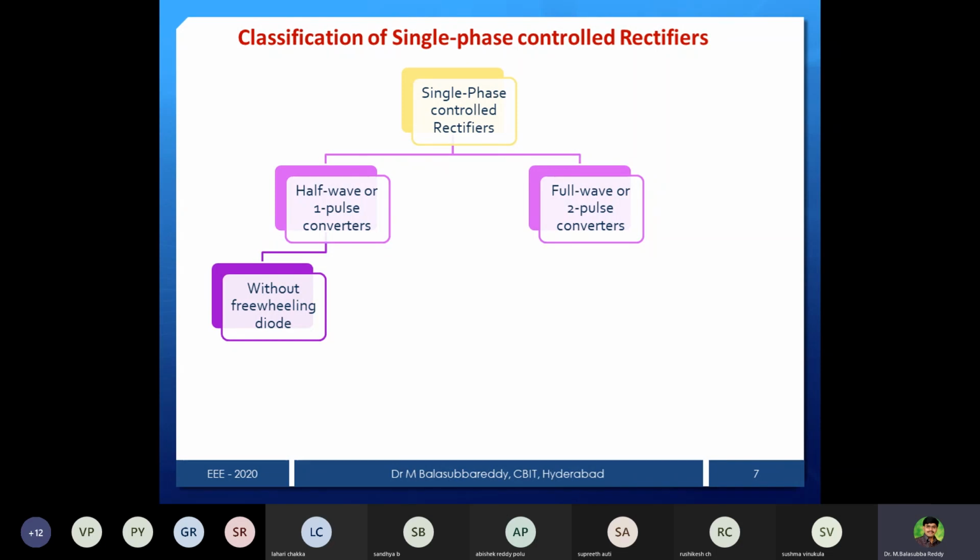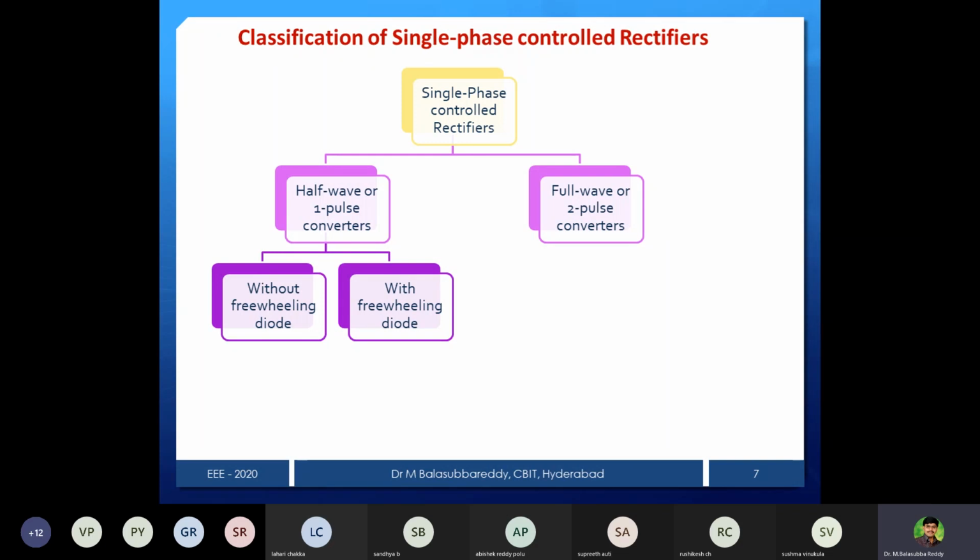So what we want to notice is, without using a freewheeling diode, what is your performance, and with a freewheeling diode, what is your performance. So like that, single phase itself has the one pulse converter, and in that we notice one is without freewheeling diode, another one is with freewheeling diode.